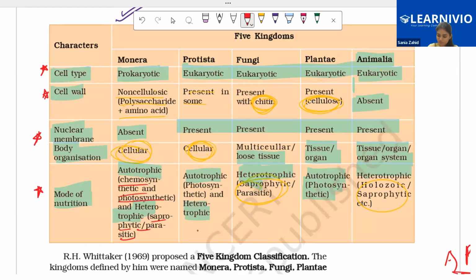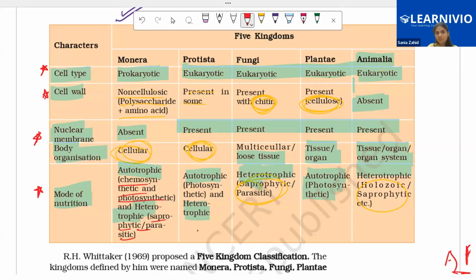Nuclear membrane in Monera, it's absent, and in Protista, fungi, plant and animal, it's present. Yes, it is absent in Monera and present in all others. Then body organization.